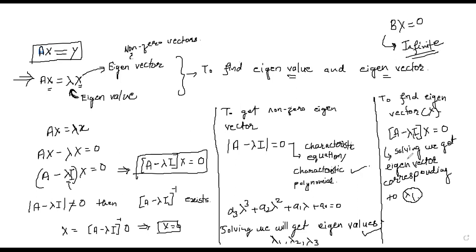Now this is the complete process. Let's just recall what the process is. You will be given a matrix A. You need to find eigenvalues and eigenvectors. Everything is on your screen. You just need to sum it up in 3 statements.